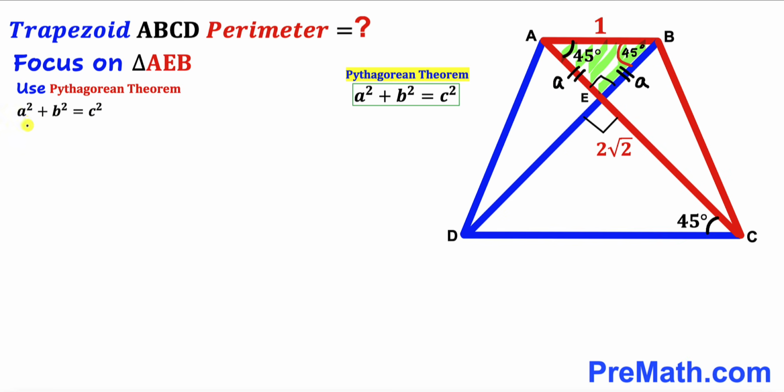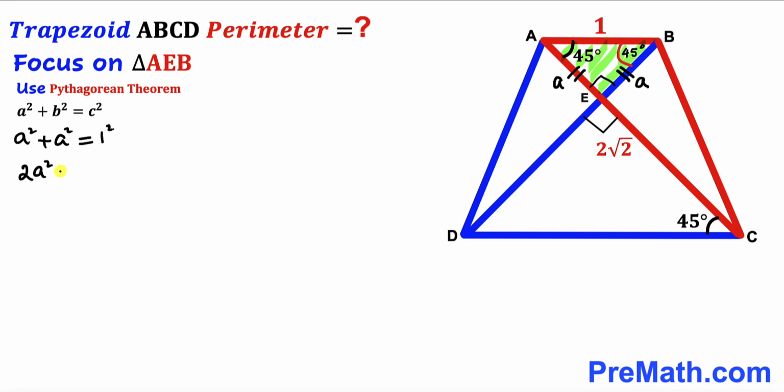Let's fill in the blanks: a squared plus a squared equals 1 squared. Let's combine the like terms: 2a squared equals 1. Let's divide both sides by 2 to isolate a squared. So a squared turns out to be 1 divided by 2.